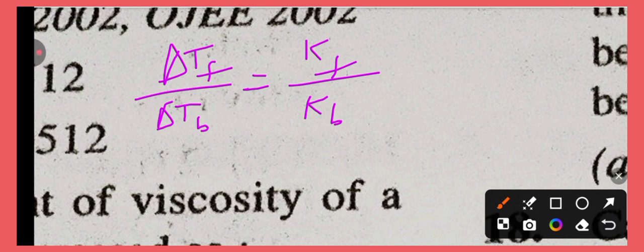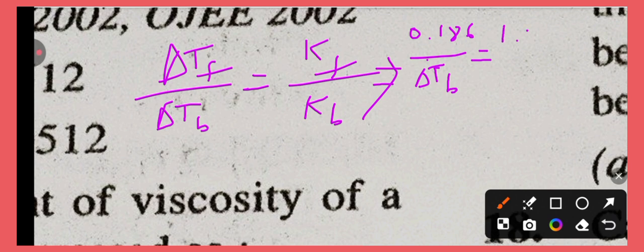Let's put the values: del Tf is 0.186 divided by del Tb is equal to Kf, 1.86, and Kb value is 0.512.